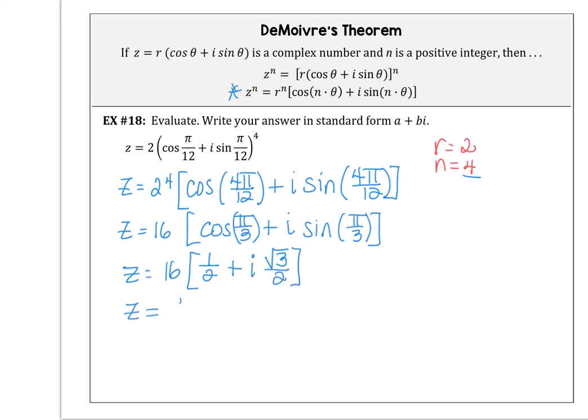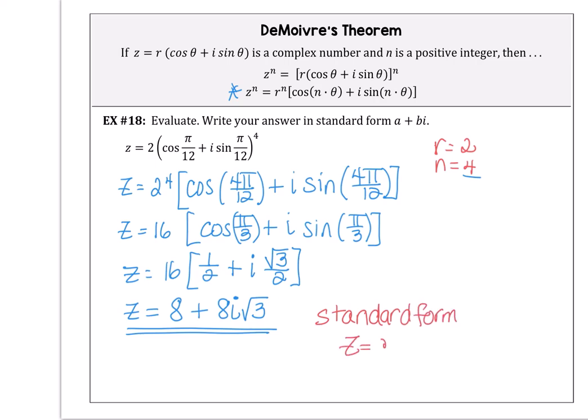Half of 16 is 8, and 16 times i radical 3 divided by 2 is 8i radical 3. This is what is called standard form. Standard form for z equals a plus bi.